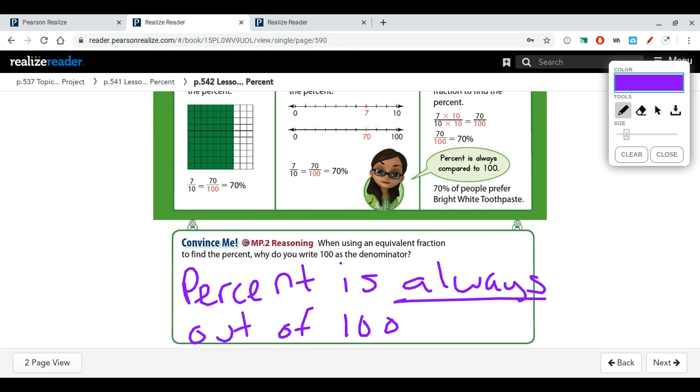So by writing it as a denominator of 100, it's allowing me to find the equivalent percent. I write 100 as a denominator because percent is always, always, always out of 100.